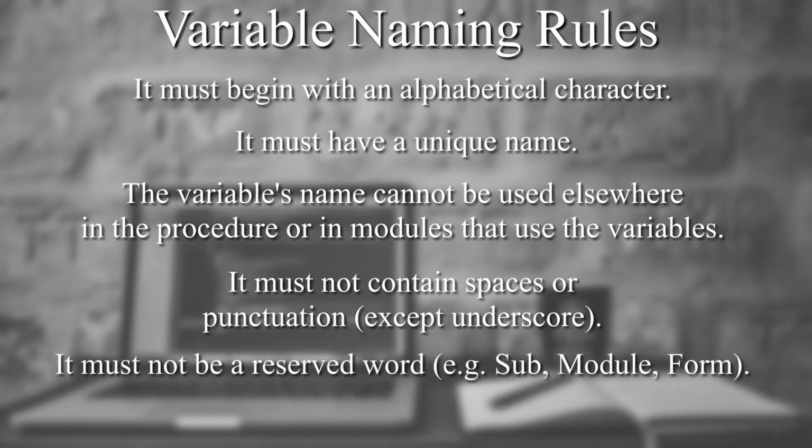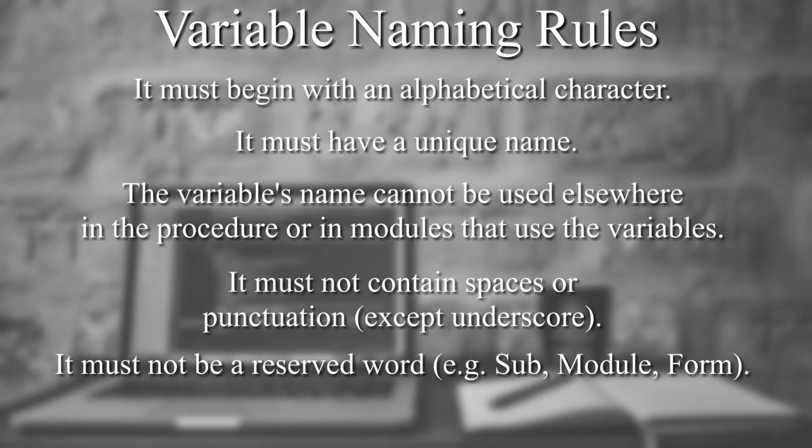The fifth rule is you cannot use the same name as a reserved word in Access. Those names would be such as the word now, because now is used to provide the current date and time in the system. Access gets confused if the name of the variable is the same as a function.